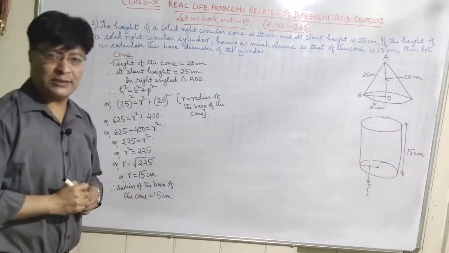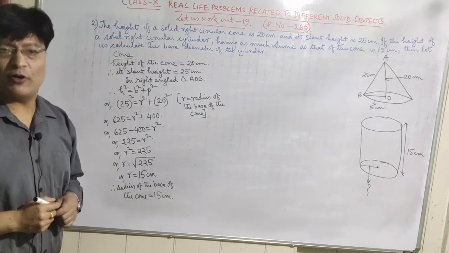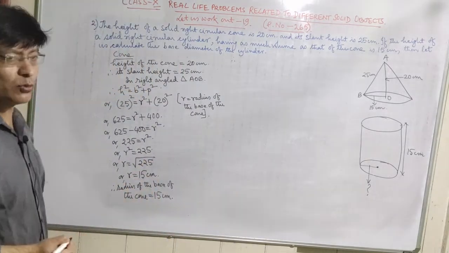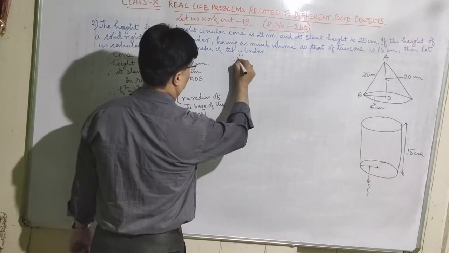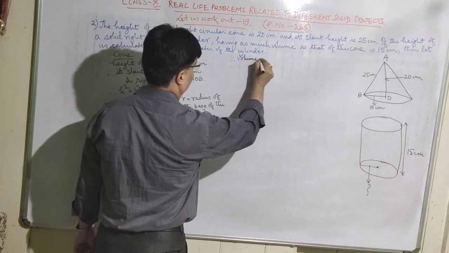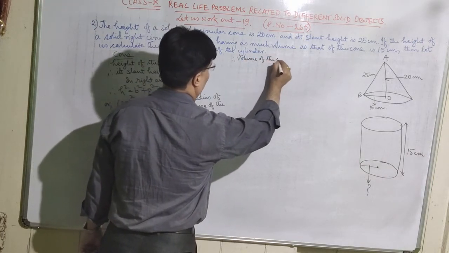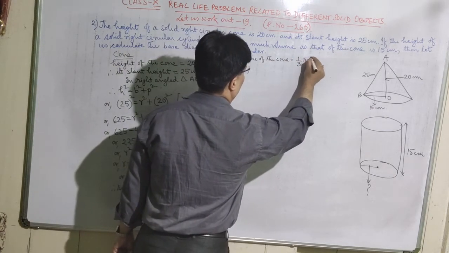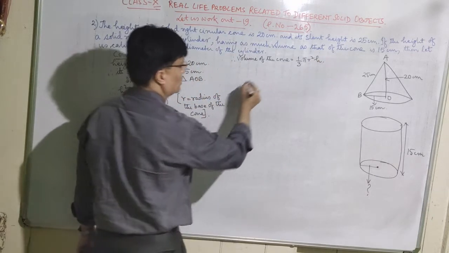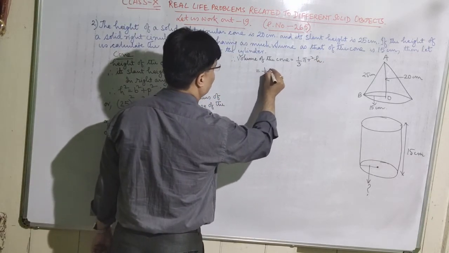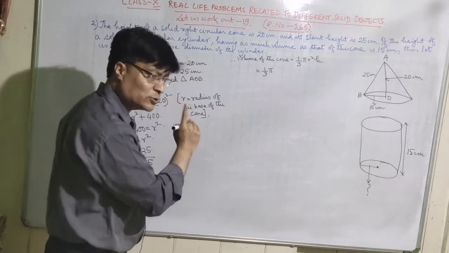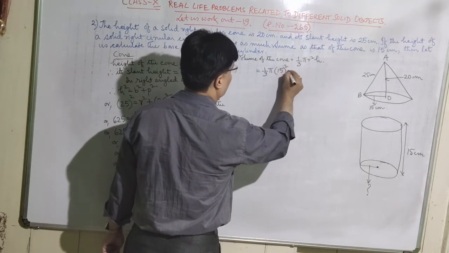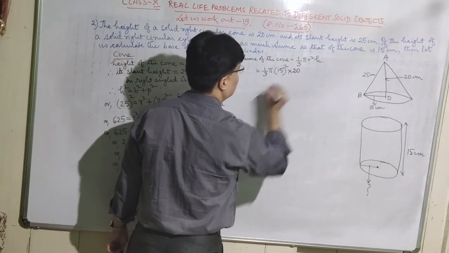So I think you have understood it. Now let us calculate the volume of the cone. What is the formula for the volume of the cone? It is 1/3 pi r squared h. So it is equal to 1/3 pi, r squared is 15 squared, into the height, which is 20.